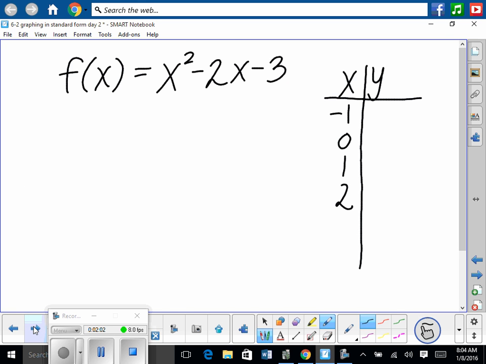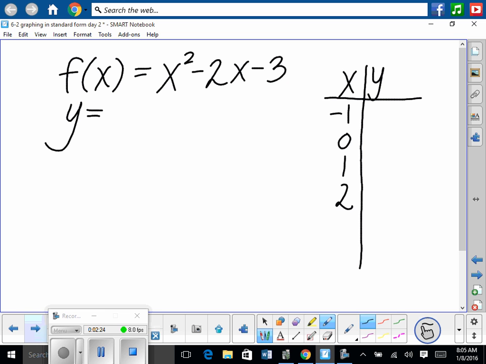Okay, so now also, this is what you really didn't understand yesterday. We should definitely know how to do stuff like this back clear back in secondary math 1. So if this is our function, f of x is equal to x squared minus 2x minus 3. Remember, f of x just means y, right? So technically, f of x and y are the same thing.